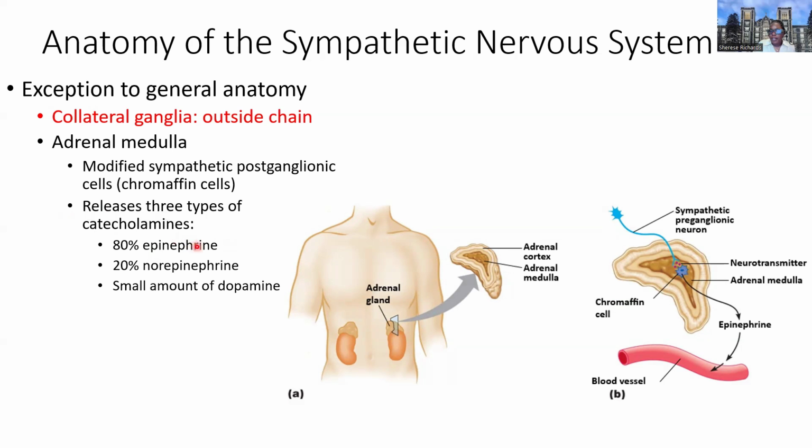Catecholamines such as epinephrine, which is also called adrenaline. I'm sure you've heard that term adrenaline, like adrenaline rush, or 20% norepinephrine, and then a very small amount of dopamine. So when the synapse arrives at these chromaffin cells, they release these catecholamines into the blood, and that is another way to have a diffuse response.